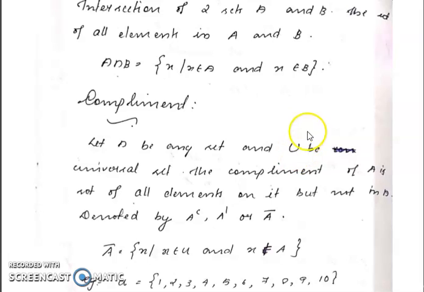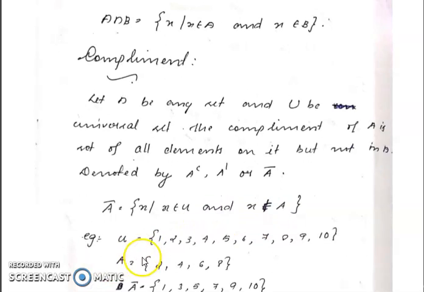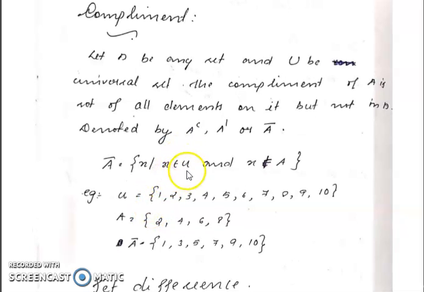You have to consider the bigger set, that is the universal set, and take the set of all elements in the universal set that are not in A. That is called A complement, denoted by A^C or A' or A bar. A bar is the set of all x such that x belongs to U, capital U, and x does not belong to A.